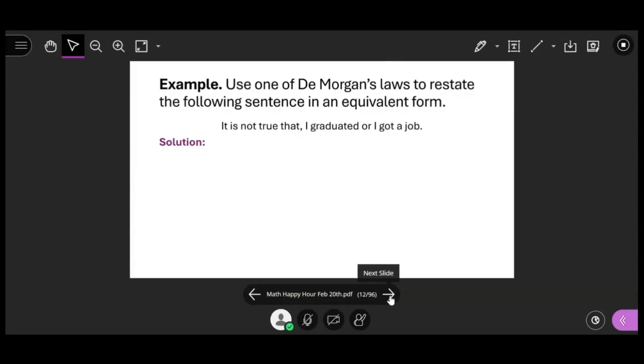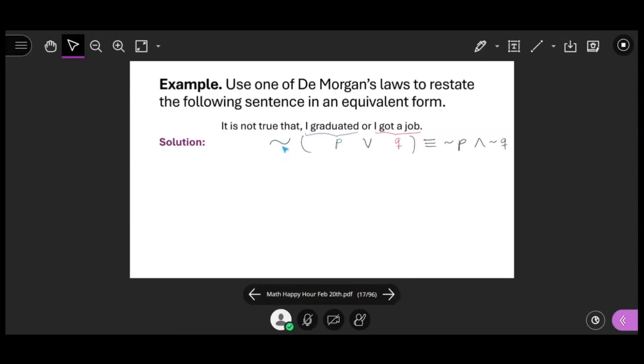First we need to identify our statements. P is going to be I graduated, Q is going to be I got a job, and then we have or, which is the symbol for disjunction. We have that in parentheses, and we know that by the comma as well. Then we have it's not true, which is represented with the negation.